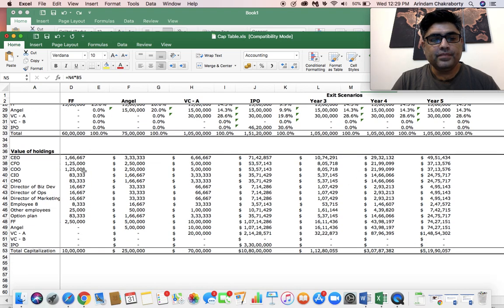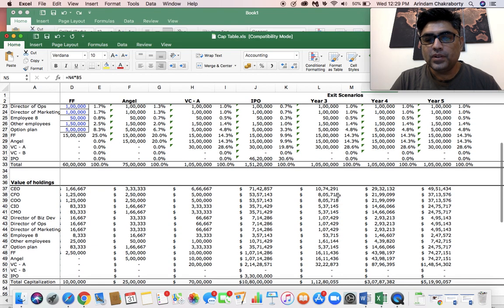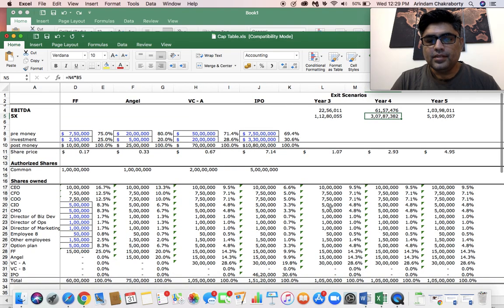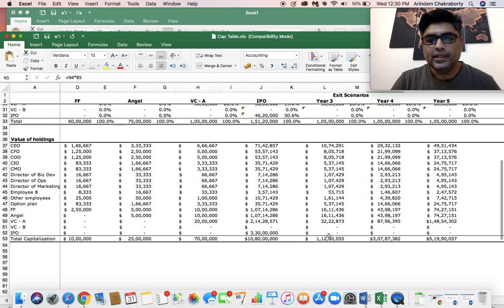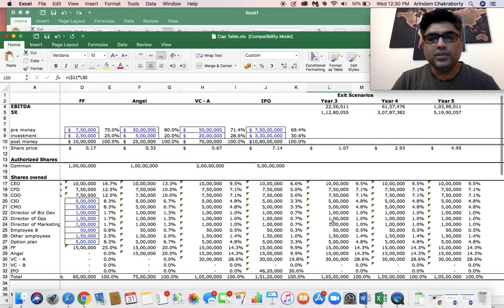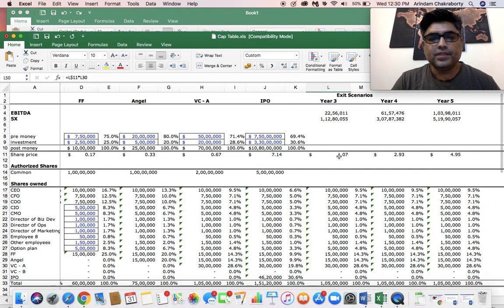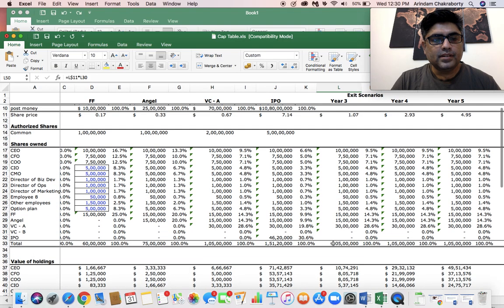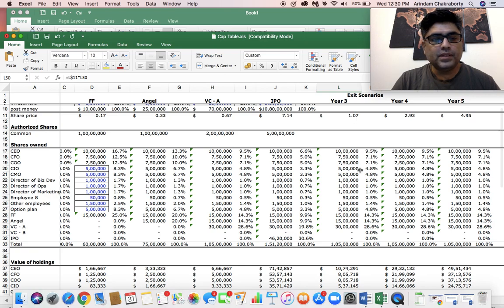So over here we are getting to see the amount in terms of value of holdings, right? We get to see that this amount of money is something you would be able to understand basis the number of shares, L11 into L30, that is your share price into number of shares.